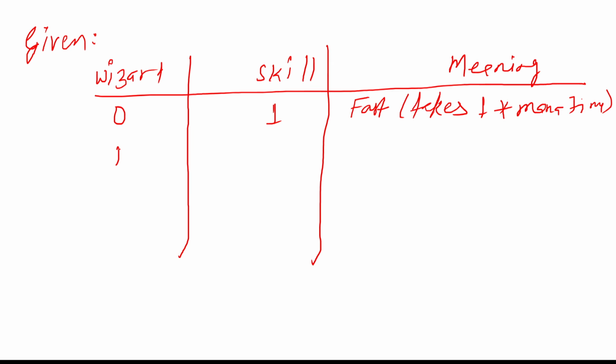Let's talk about wizard 1. We have skill 5. If 1 is fast, then 5 should be slow. So we'll say it is slow because it takes 5 times mana time, and that is why it is slow.